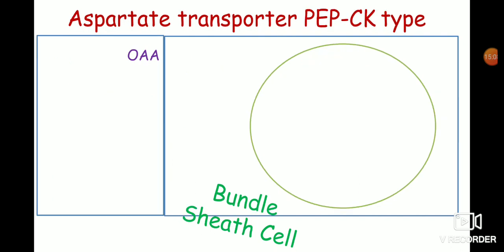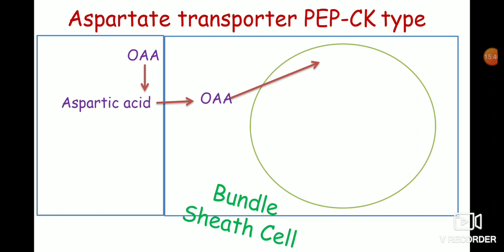Whereas in the second type, the aspartate transporter PEP-CK type, the oxaloacetic acid is again converted to aspartic acid. The aspartic acid enters into the bundle sheath cells, and in the cytoplasm of the bundle sheath cells, the aspartic acid is converted again to oxaloacetic acid by the enzyme aspartate aminotransferase.